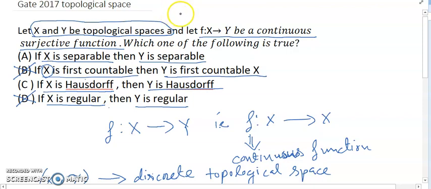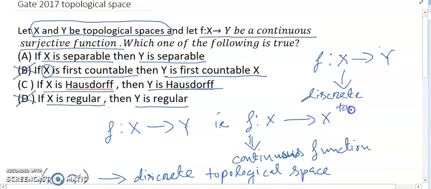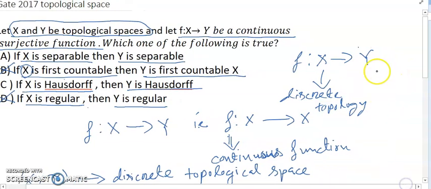Another is, a surjective function is an onto function. Suppose f: X → Y, X is discrete topology, then Y is indiscrete topology.